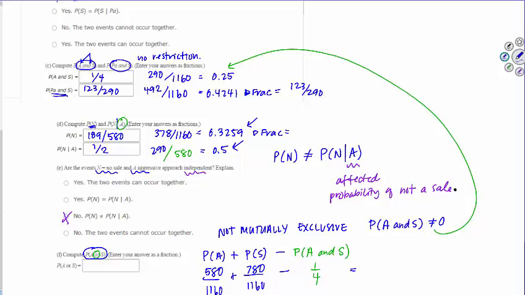I can type all this in the calculator, 580 divided by 1160 plus 782 divided by 1160 minus 1 out of 4, or minus 290 out of 1160 is 0.92. Don't change that number, just turn it right into a fraction, 107 out of 116.